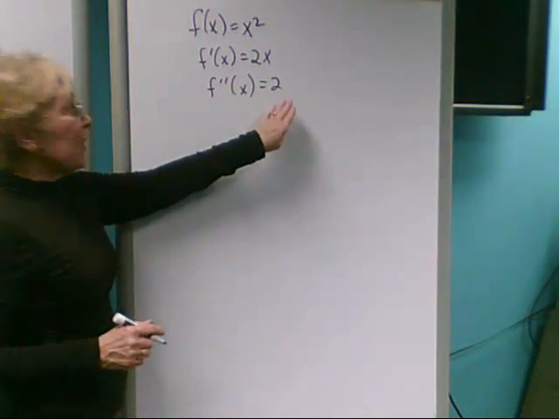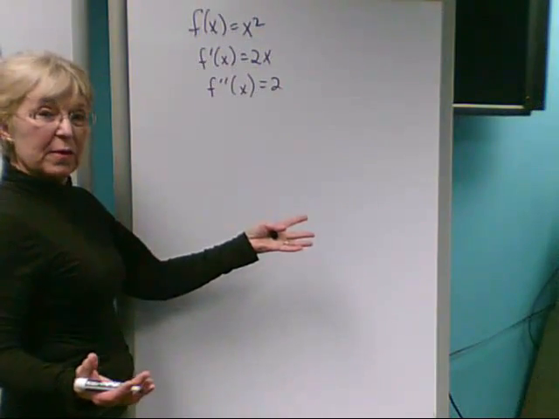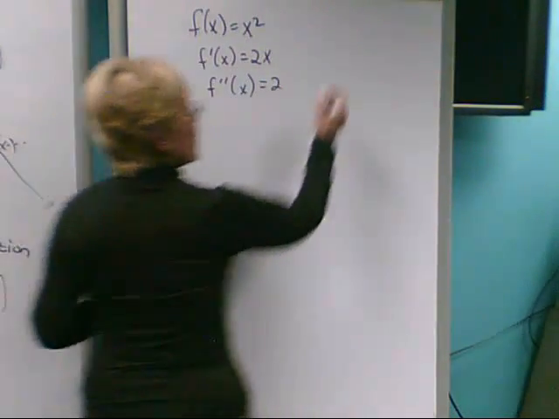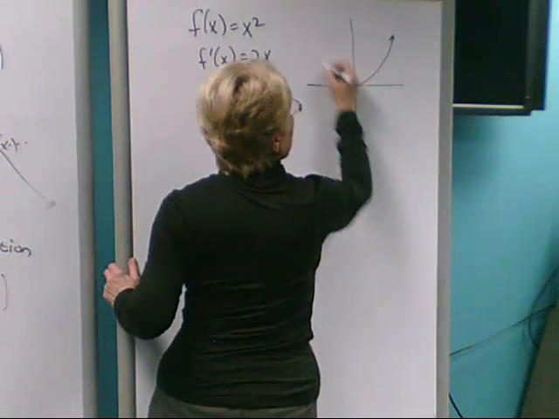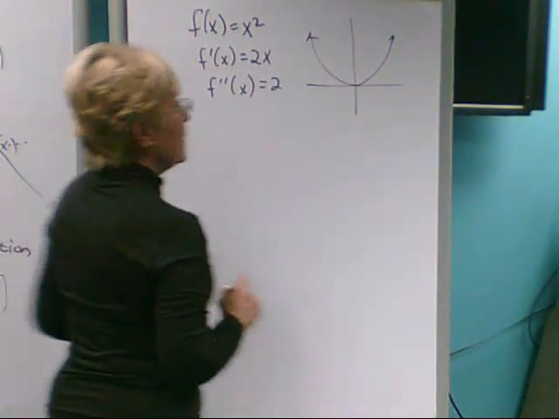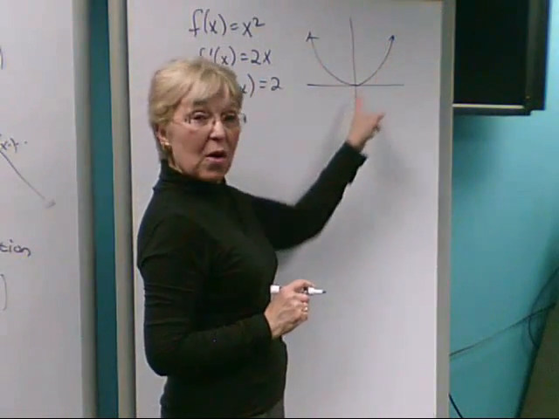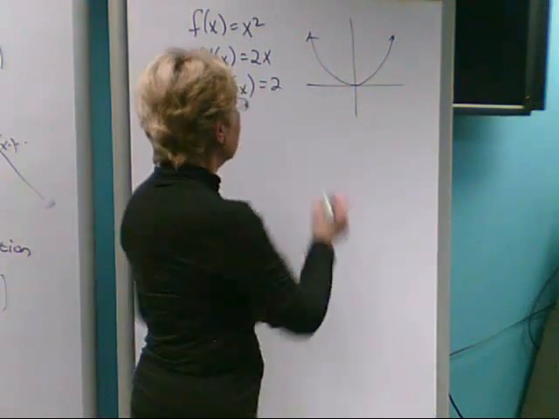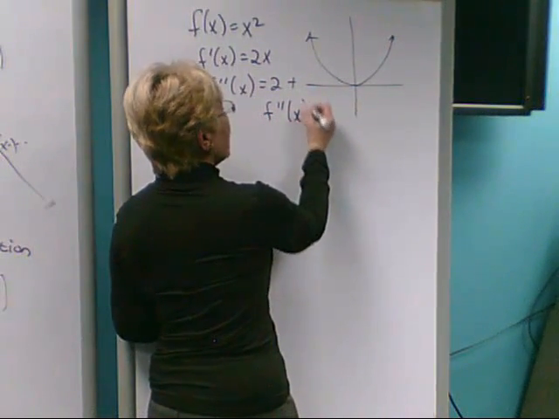It's always 2, it's always positive. Let's check that out with the graph of y equals x squared. It looks like a parabola, a little better than my parabola, but a shape like this is always concave up. The second derivative is always positive.